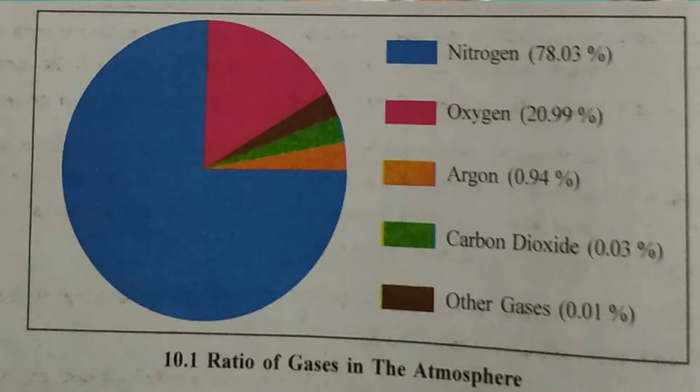So we can see that the maximum percentage is for nitrogen. The atmosphere comprises of the maximum amount of which gas students? Nitrogen. After that the ratio comes to oxygen. Then it goes in this manner in the descending way only, okay? Then argon, then carbon dioxide and other gases.